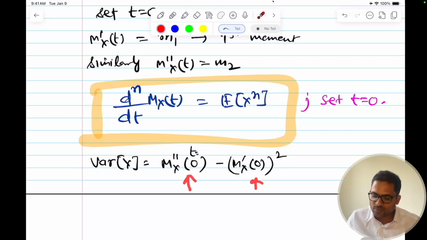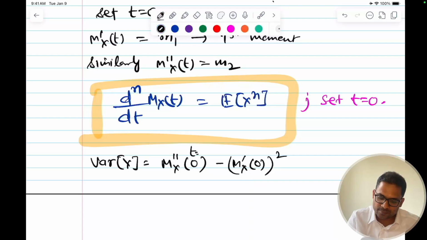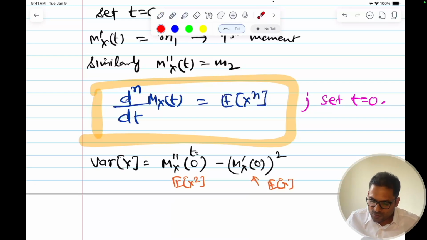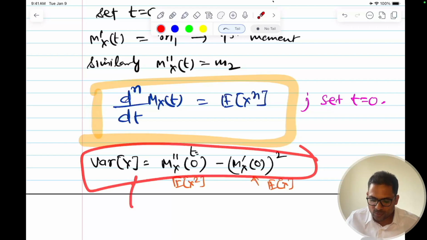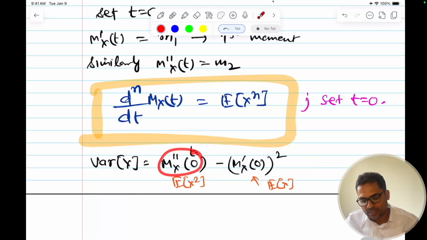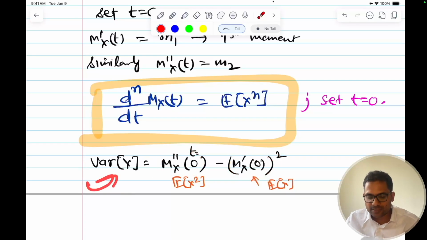Second moment minus first moment whole square. This is the expectation of x square, and this is the expectation of x. So using the moments, we can calculate the variance directly, and this is what makes it so computationally easy.